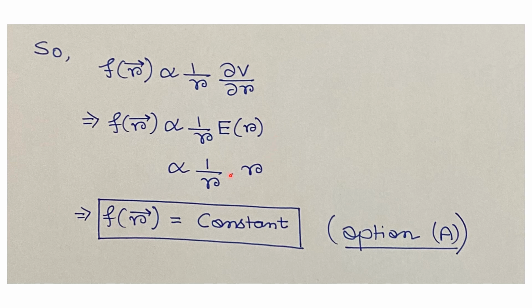So we can write f as a function of r proportional to 1 by r times r. So effectively this function f will become independent of the position, that will be constant. So option A is correct.